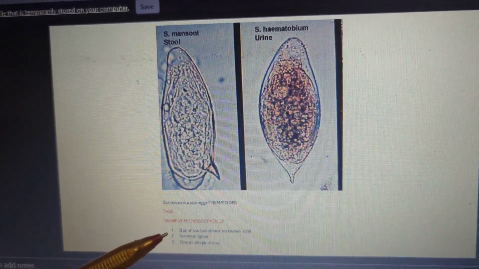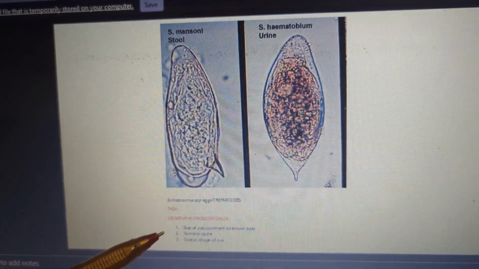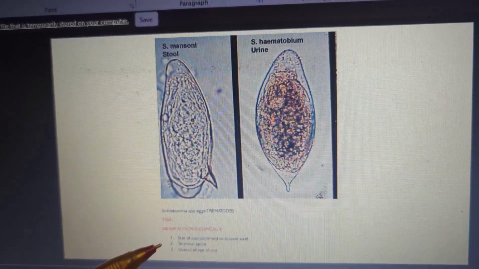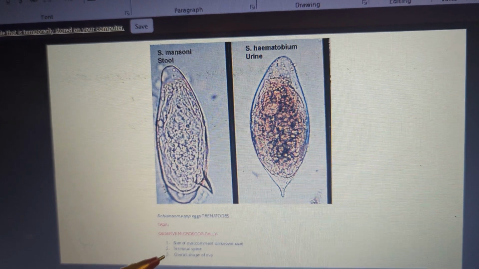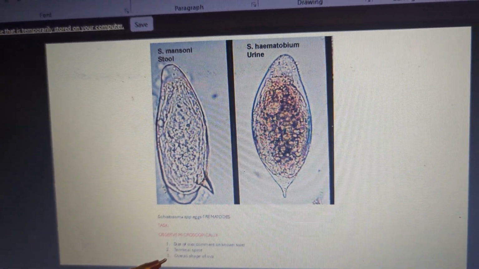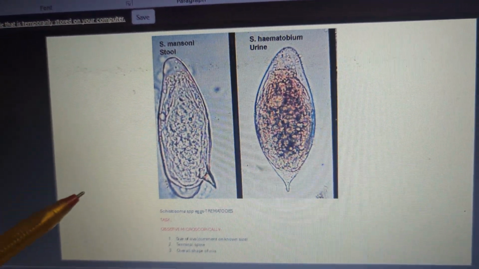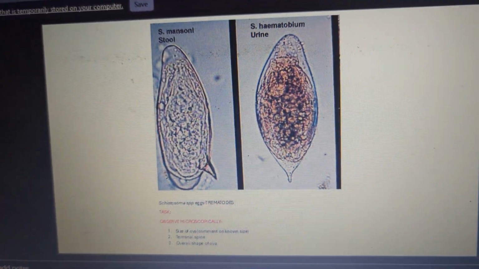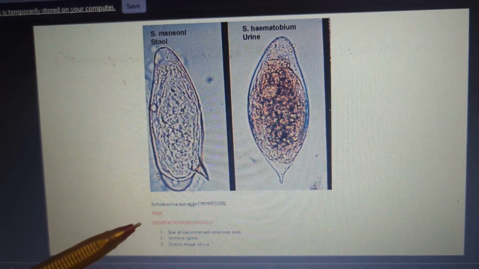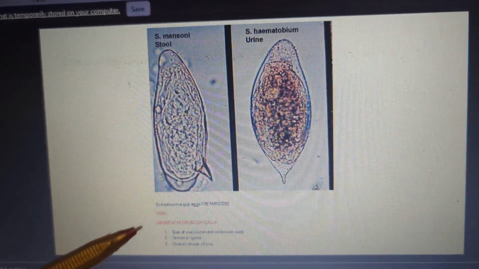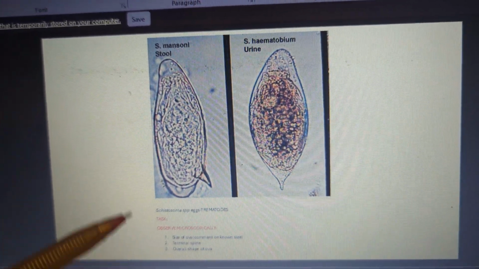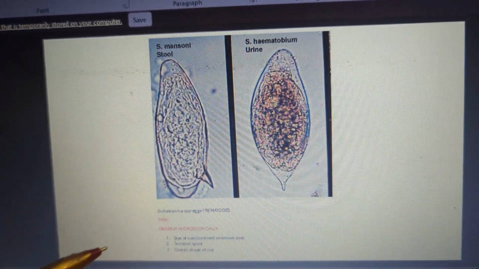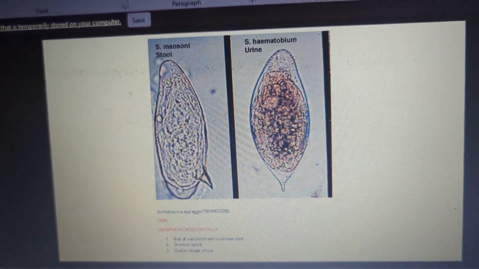For example, the first task on the bench aid is saying observe the size of the ova. So you comment on the known size. Okay, so this is literature. You go to your literature. And of course, you don't have to do this in the session. This is for later. Okay, but you need to remember the tasks here.